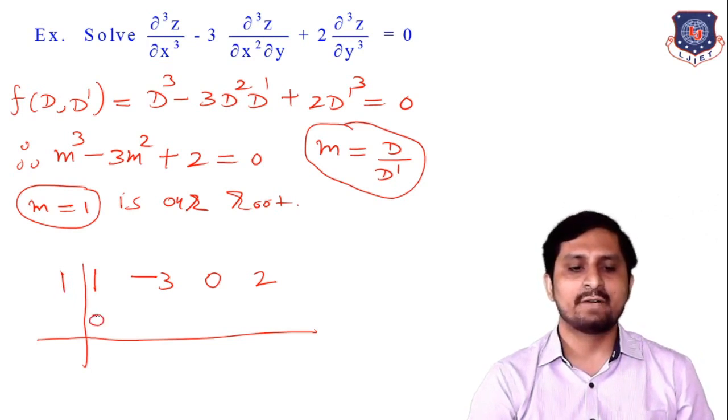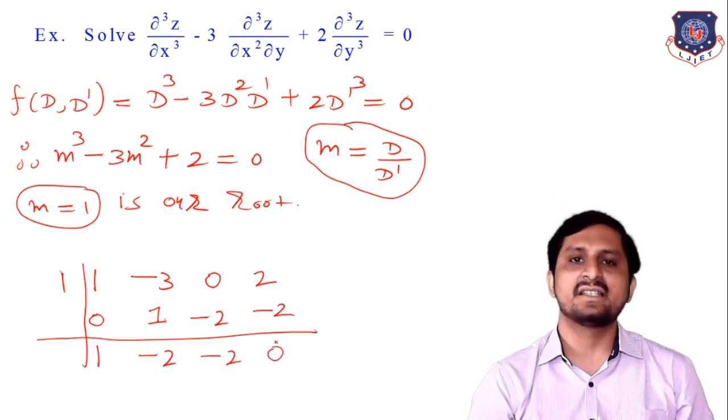Now we add: 1 plus 0 is 1, then 1 into 1 is 1, 1 minus 3 plus... minus 2, 1 into minus 2 is minus 2, 0 minus 2 is minus 2, 1 into minus 2 is minus 2, and definitely here we get 0.